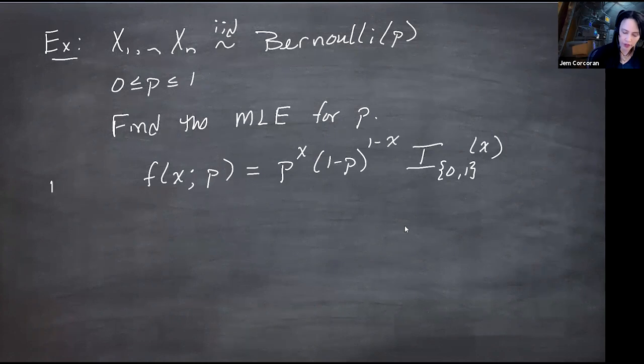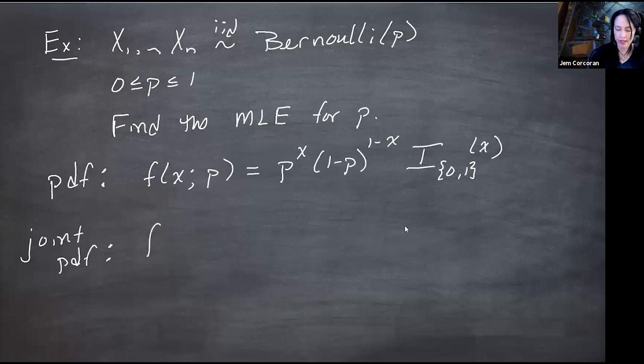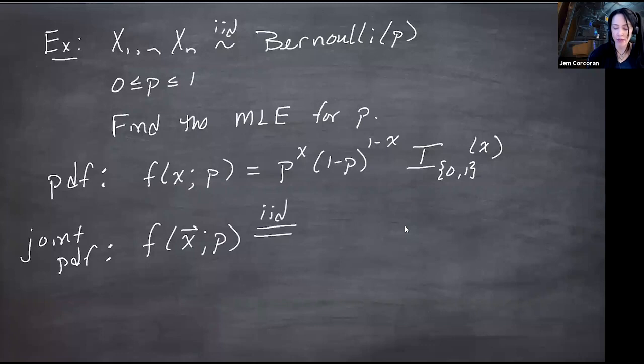The next thing I would do would be to write down the joint PDF, and that is f of the vector x and p, and you get that in the case that they're IID by multiplying the original PDF over and over again with the different xi arguments.